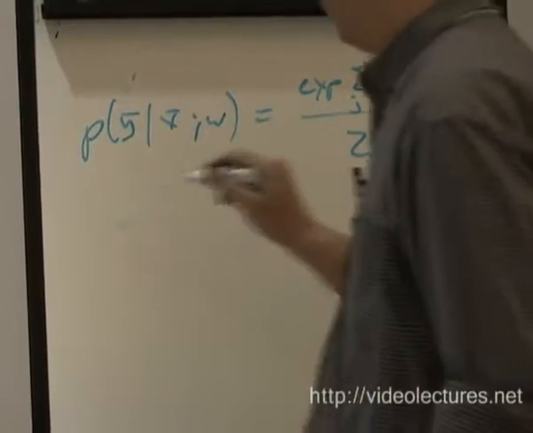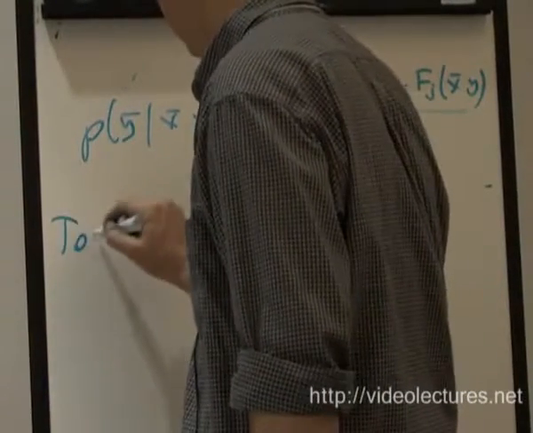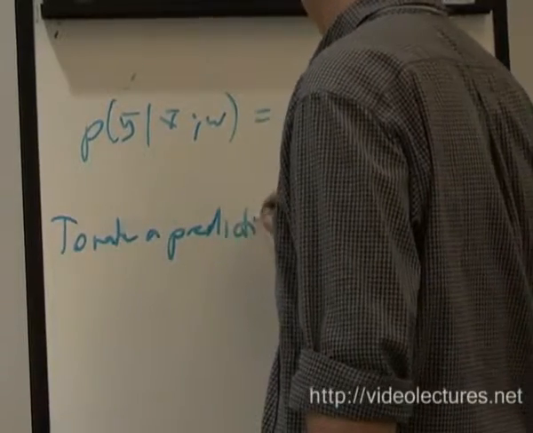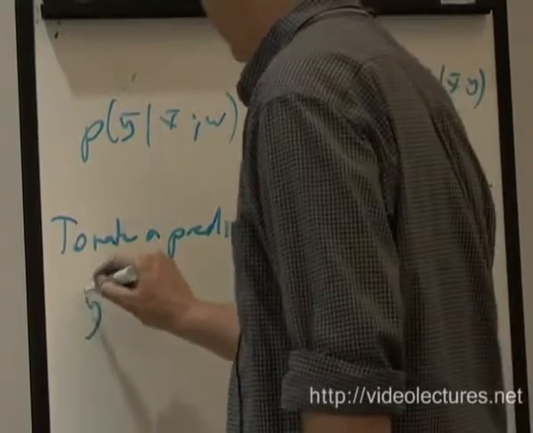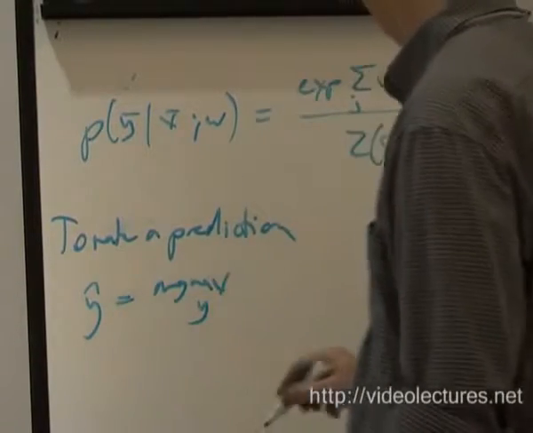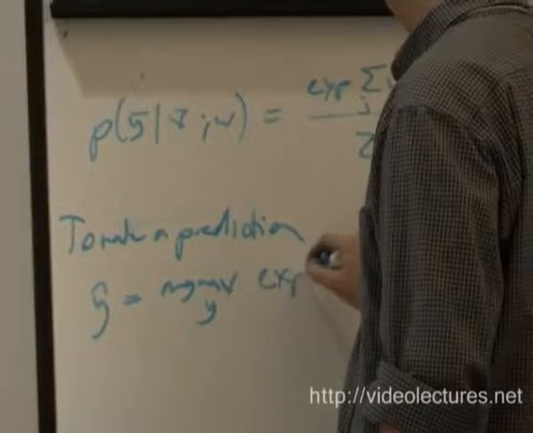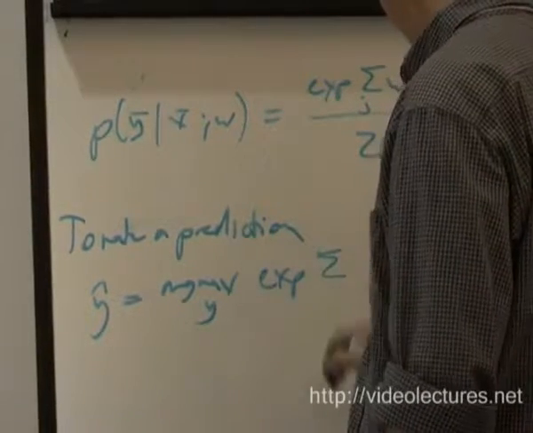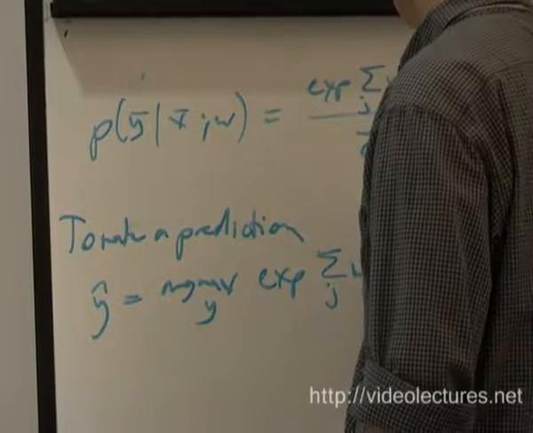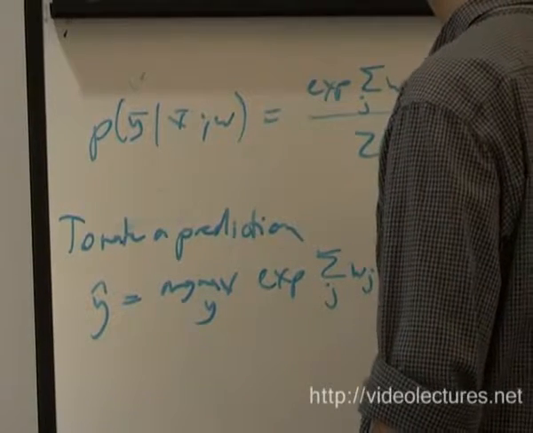So to make a prediction, y hat is the argmax over y of exp of the sum over j of wj fj of x bar y.